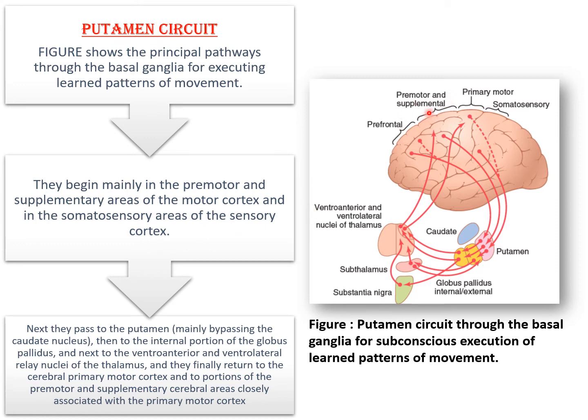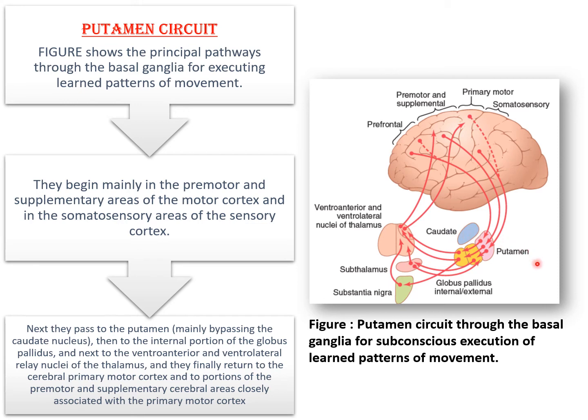So this one is a primary motor, premotor and supplementary area of the motor cortex and somatosensory area of the sensory cortex. Now next they pass to the putamen, mainly bypassing the caudate nucleus. They bypass the caudate nucleus.